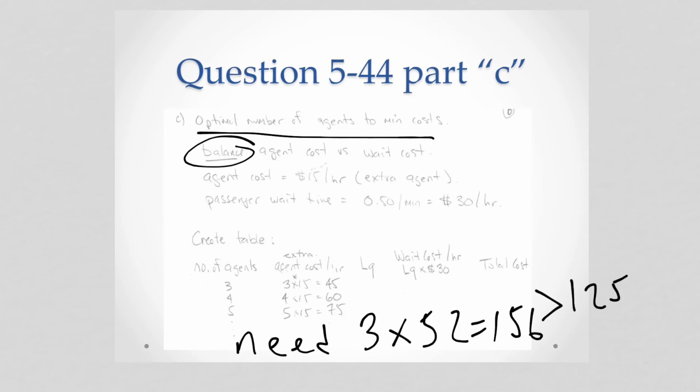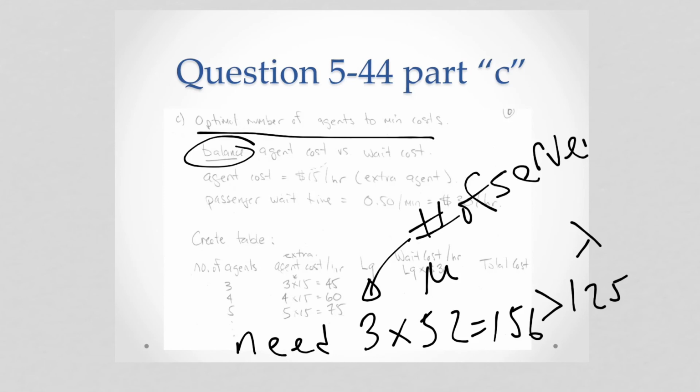And this is your lambda here, and this is your mu, and this is your number of servers. So our analysis is going to be 3 servers, 4 servers, 5 servers, 6 servers, and so on.